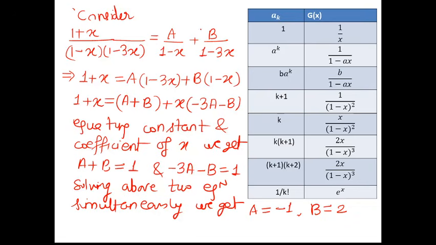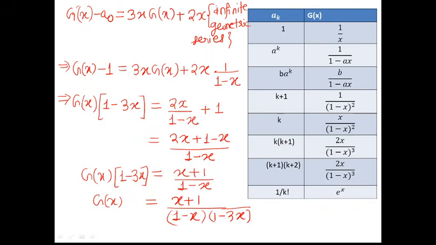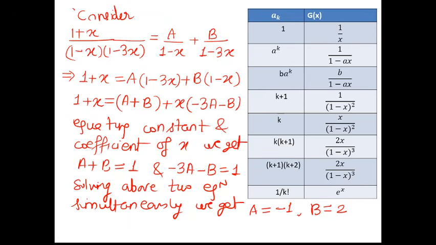So we will substitute this in this expression. Let us call this equation 1, this as equation 2, and this as equation 3. So we will substitute these values of a and b in equation 3.